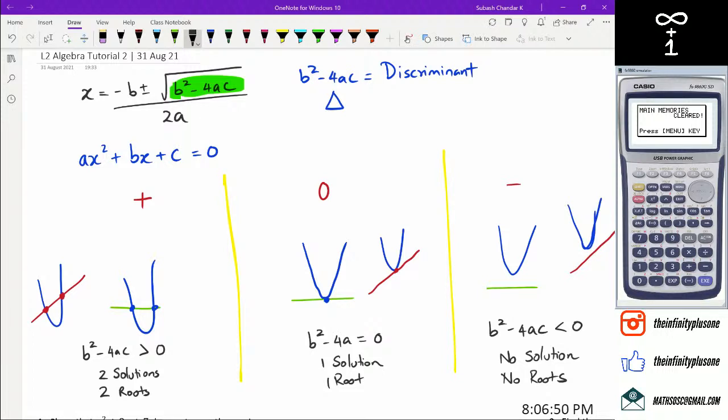I am trying to think about last year's exam paper, and I know I did it very, very quickly. Let me just have a quick look at the exam paper. Was there any discriminants last year? Sorry guys, just having a quick look at last year's paper. Was there no discriminant questions?